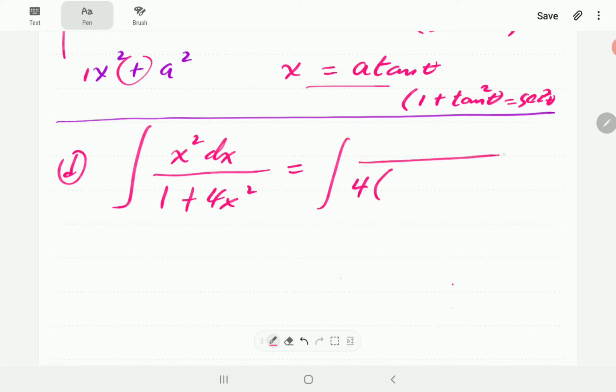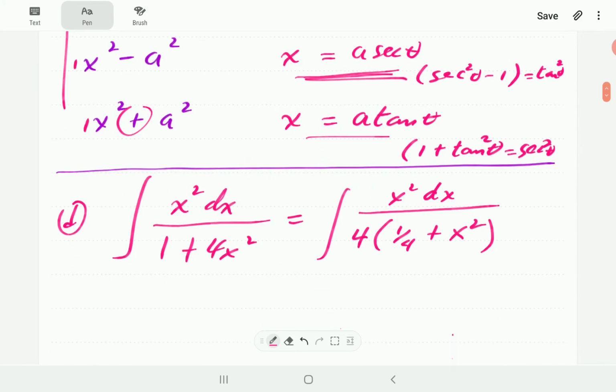So if you factor out 4 here, then we're going to have 1 over 4 into x squared. In fact, before we continue, you might have noticed that in D we have a polynomial divided by another polynomial. So you might be thinking we could use partial fractions here.